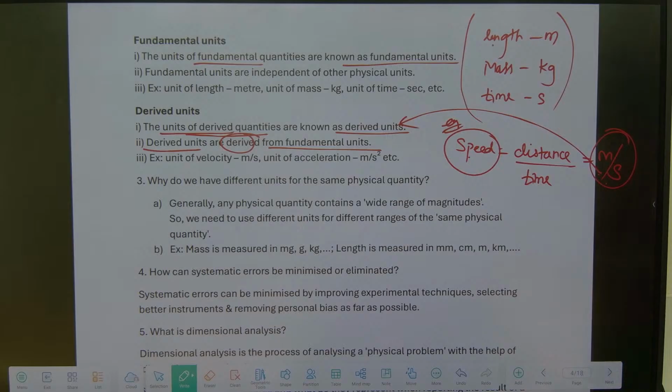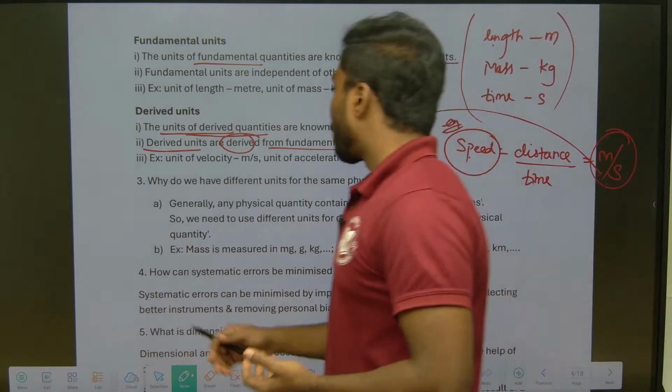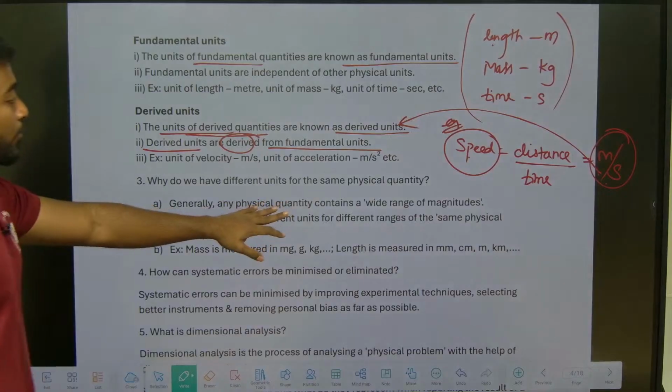Okay, done. Second, we go for the next question, that is, why do we have different units for the same physical quantities?